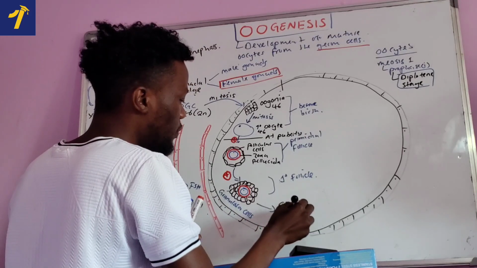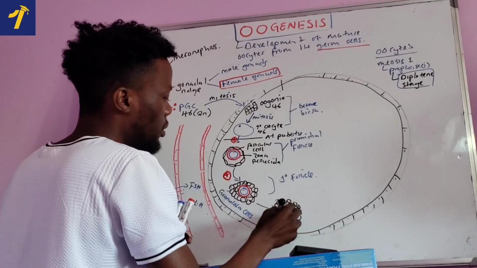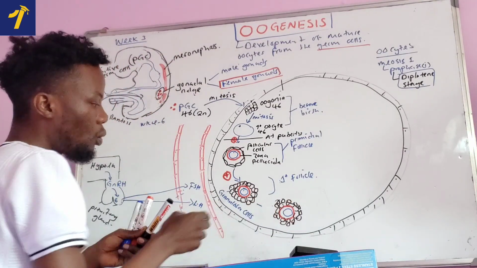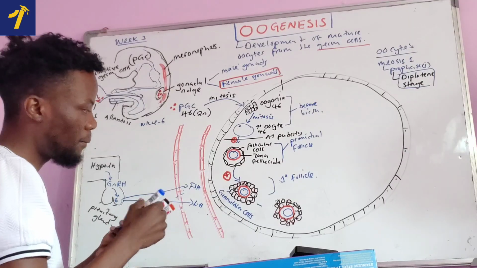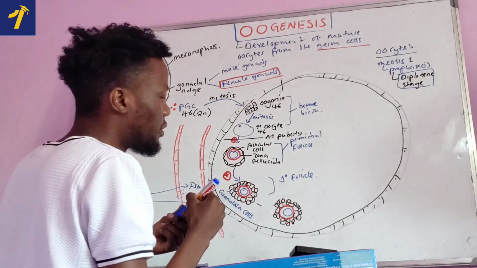So look at the function of these granulosa cells at another stage. What will start happening is that outside the granulosa cells, there will be some cells that will start developing now.